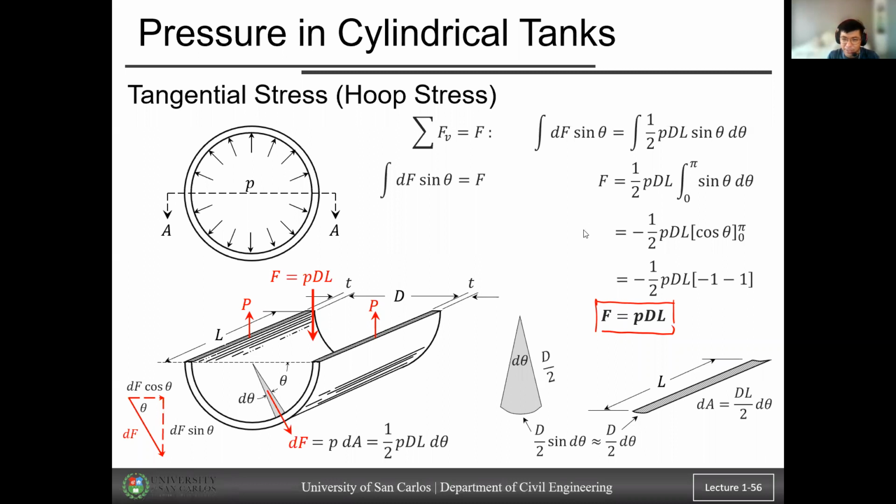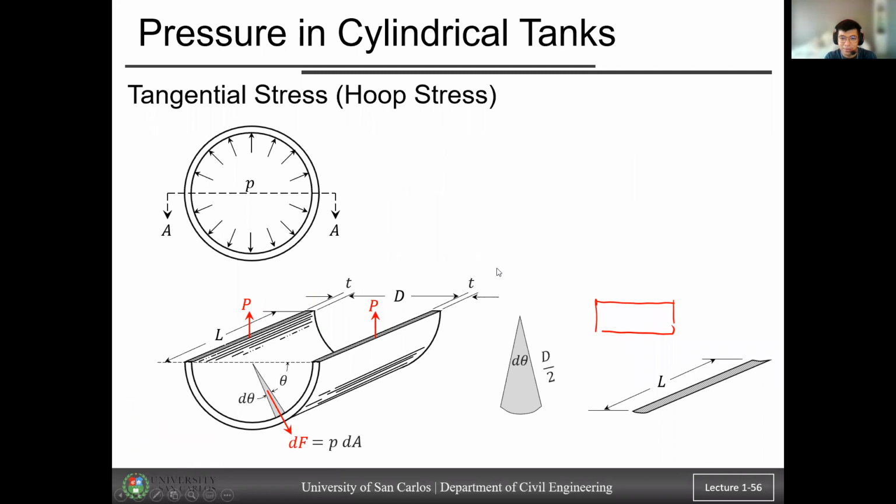Okay, so again, just try to follow. Let's go back, so you can see the flow of the derivation if you are concerned with the derivation aspect. It starts with the cutting plane, section AA, and then you're going to have a differential angle to represent the differential strip with regards to the integration process.